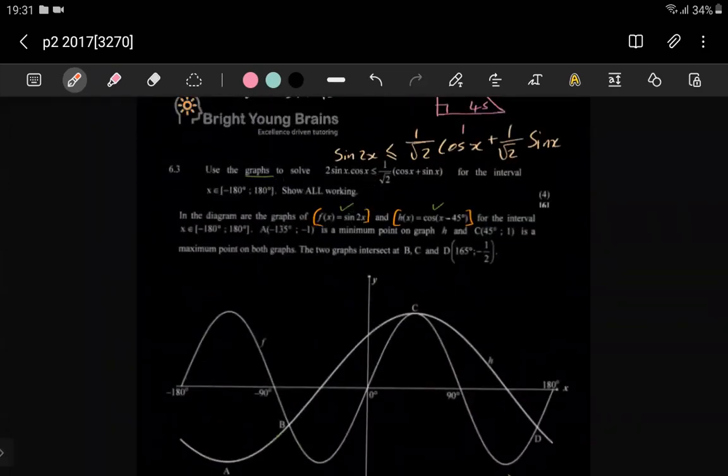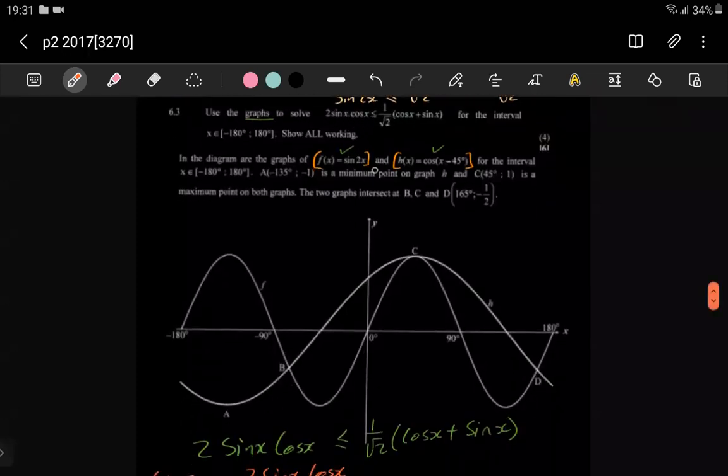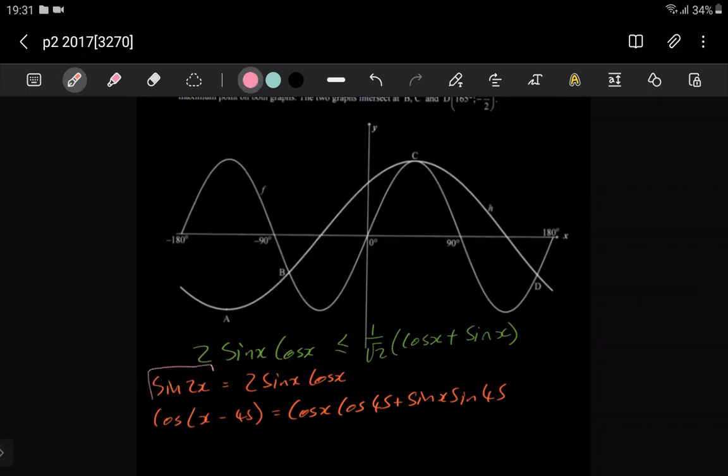But then with this inequality question, the graphs that we have are not directly linked to it. So we need to make sure that what we have here, we link it to these two images or these two equations. And this looks like one way we're going to do it. Where we see the 2 sine x cos x, we're going to rewrite it as sine 2x, because that's a double angle.